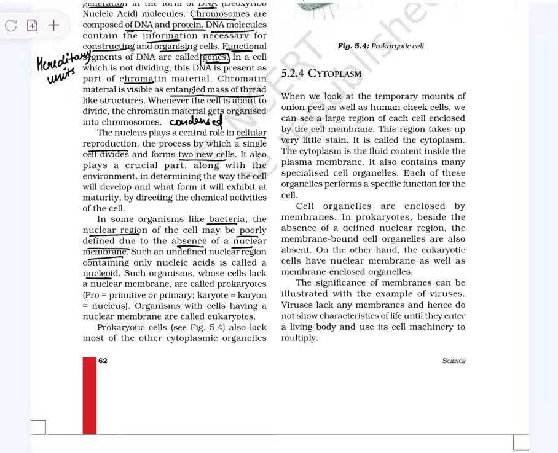And such organisms are called as prokaryotes, which lack nuclear membrane.